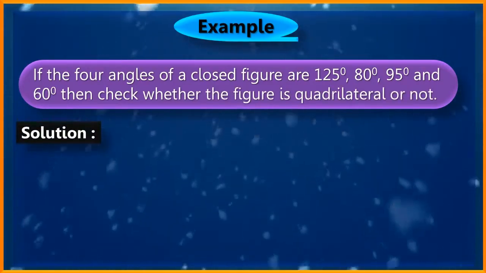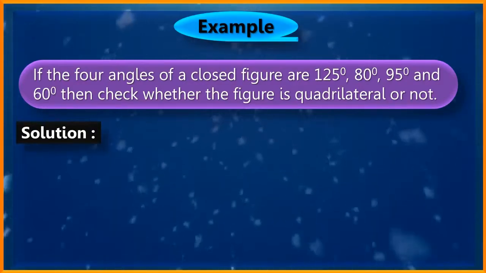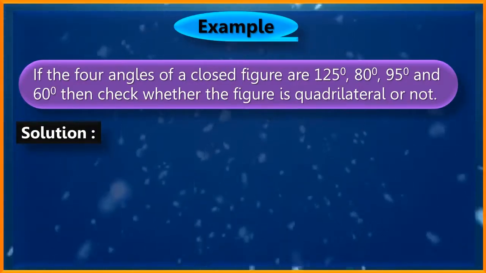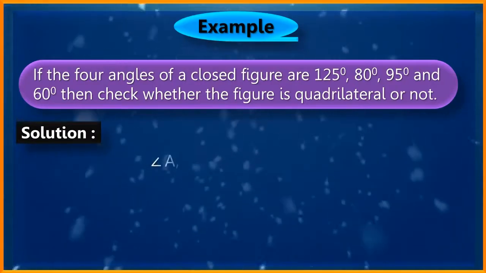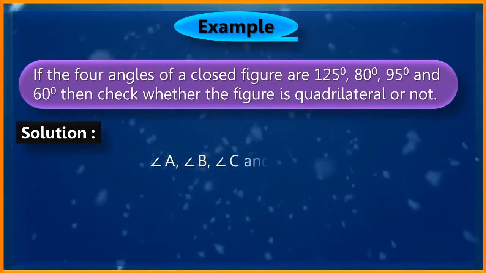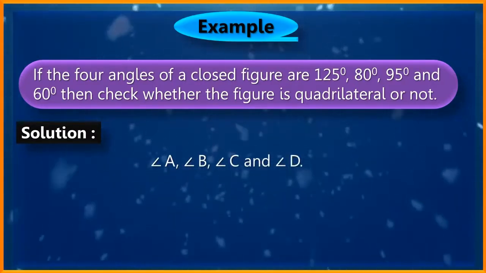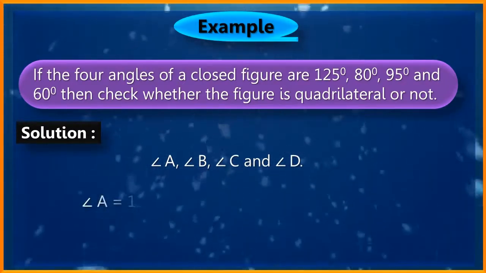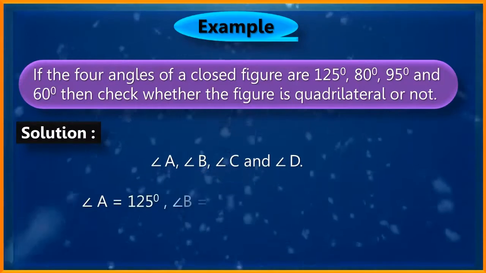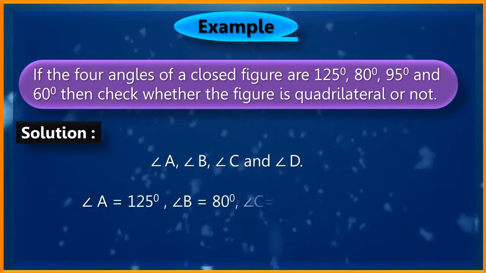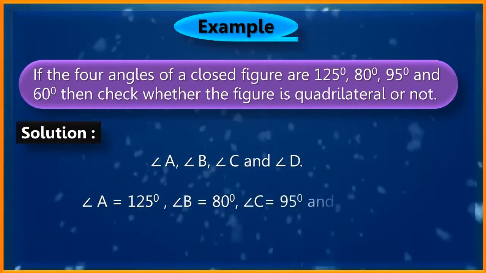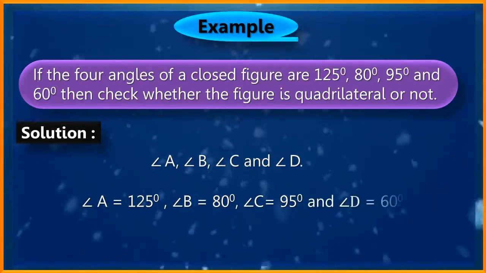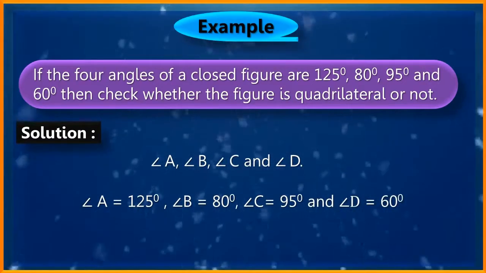Solution: let the four angles of the closed figure be angle A, angle B, angle C and angle D. It is given that angle A equals 125 degrees, angle B equals 80 degrees, angle C equals 95 degrees and angle D equals 60 degrees.